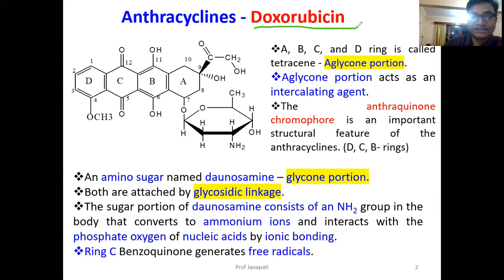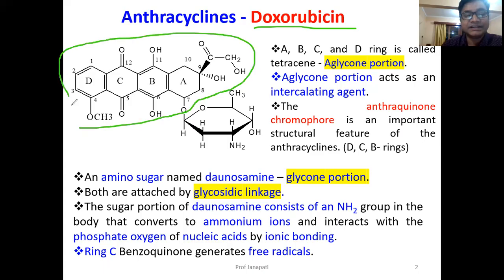The important drug now is doxorubicin. As we discussed in the previous slide, doxorubicin is a very important drug. This is a glycoside. Actually, these are from microorganisms, Streptomyces species, very good antibiotics. The A, B, C, D rings are the aglycone portion.